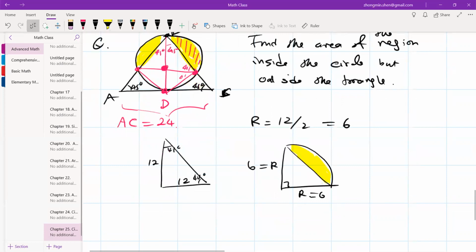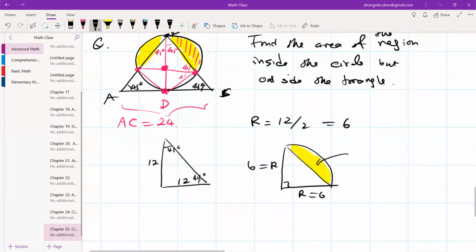Not yet. Yeah, you multiply by 2, you get the total, right? Just the region over there. Yeah, just this small region. 36. Oh, 36 pi over 4 minus 8.